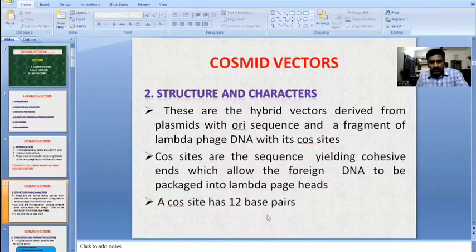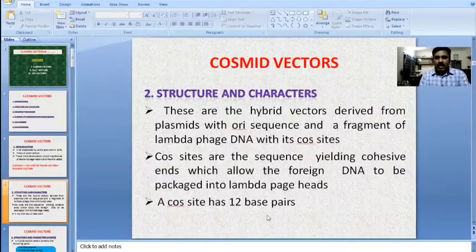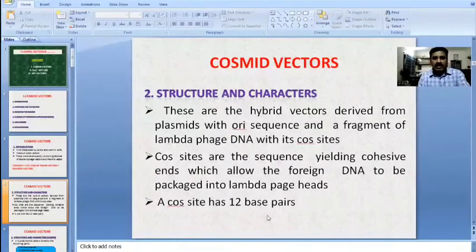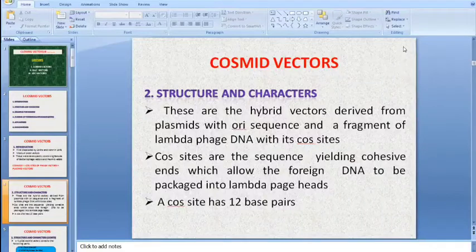Then the structure and characteristic features of cosmid vectors. These cosmid vectors are hybrid vectors derived from plasmids with ORI, the origin of replication sequence, and a fragment of lambda phage DNA with its cos sites. Then what are the cos sites? Cos sites are sequences yielding cohesive ends which allow the foreign DNA to be packaged into lambda phage heads.